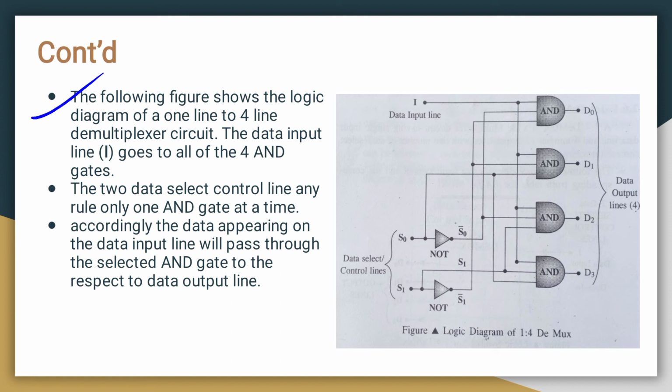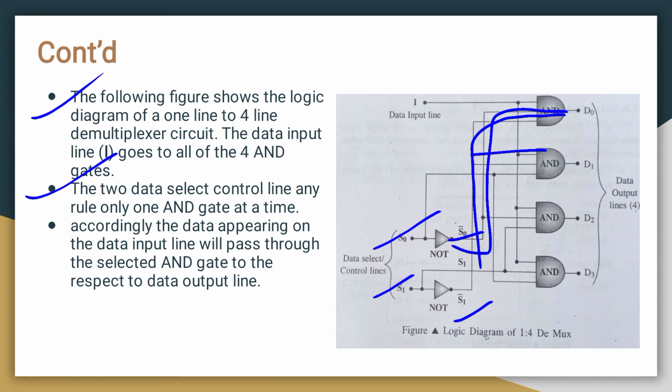In the selector you have to take 2 data select control lines, S0 and S1. For this you have to take S1 bar and S0 bar, that is the complement of these. S1 bar is connected to the first 2 AND gates. S0 bar is connected to the first and the third, S0 to the second and fourth, and S1 to the third and fourth.